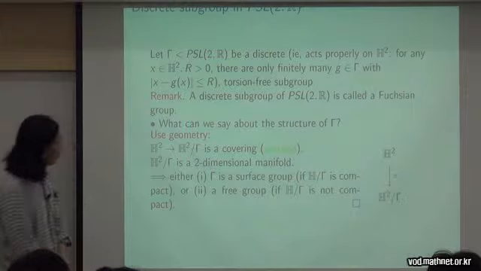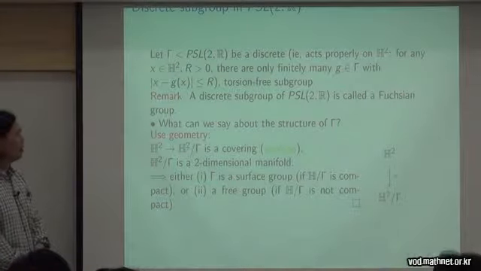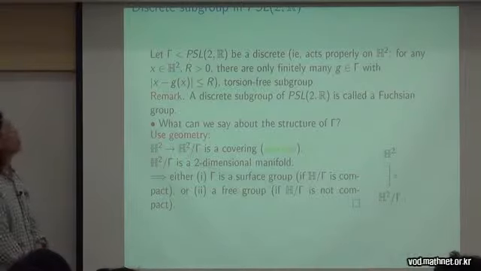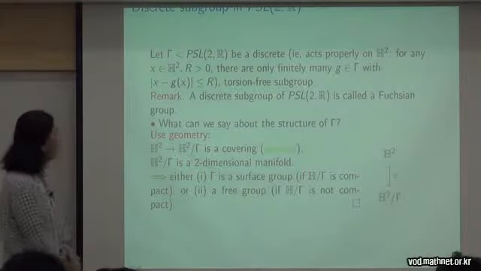There are only finitely many such elements. Then you say this action is proper, and I say this gamma is discrete. And torsion free is torsion free.